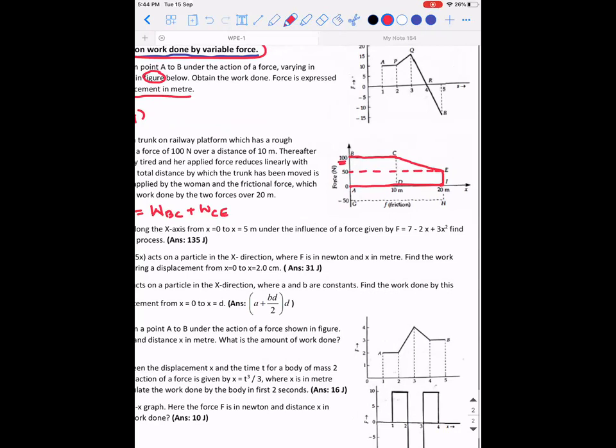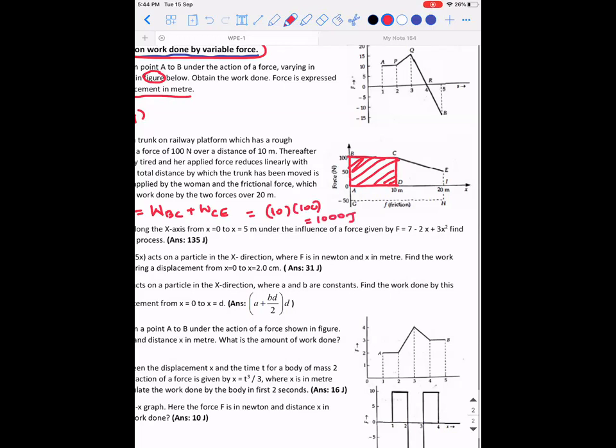What shape does it take? Rectangular shape. So 10 into 100 will be 1000 joule.